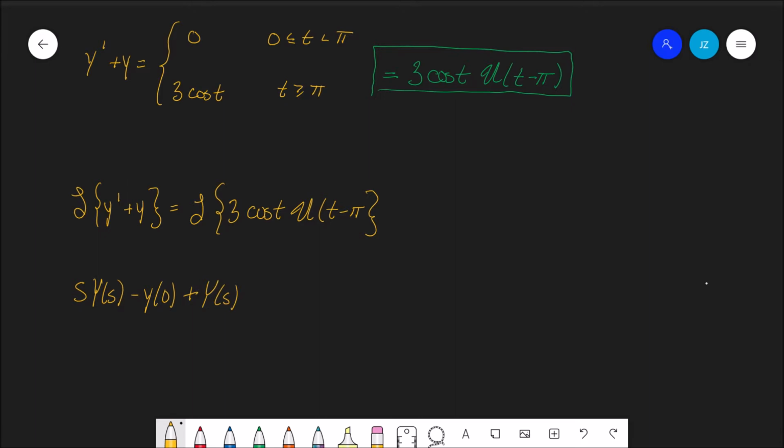I'm sorry, the initial condition was y of 0 is equal to 5. So this is equal to, you can factor out that 3, now we have the Laplace transform of cosine of t times u of t minus pi.